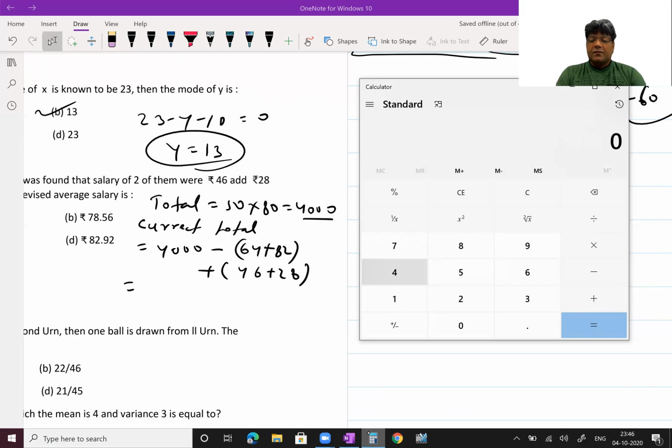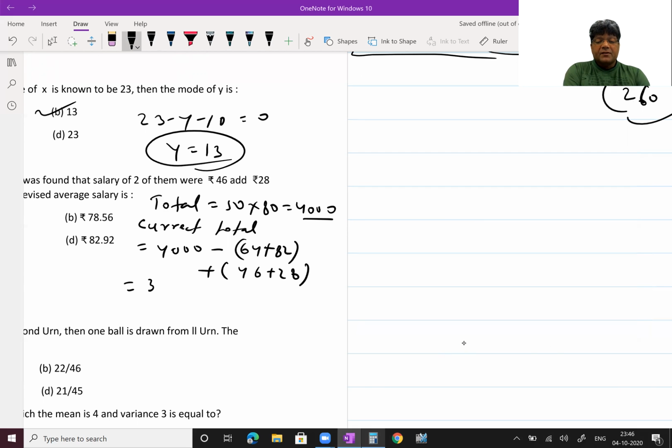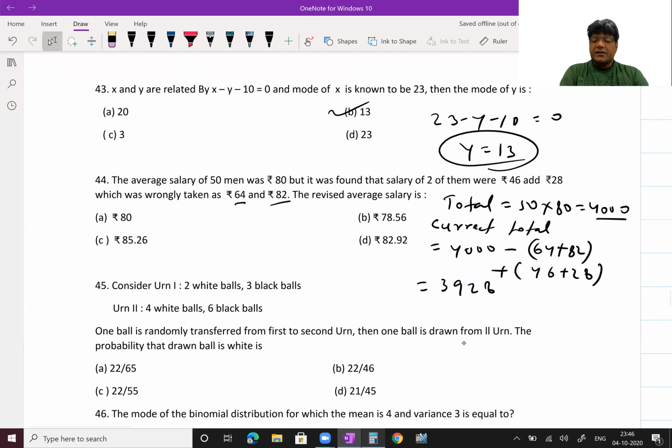That will be equal to 4,000 plus 46 plus 28 minus 64 minus 82, which is equal to 3928. The question has asked for the revised salary.